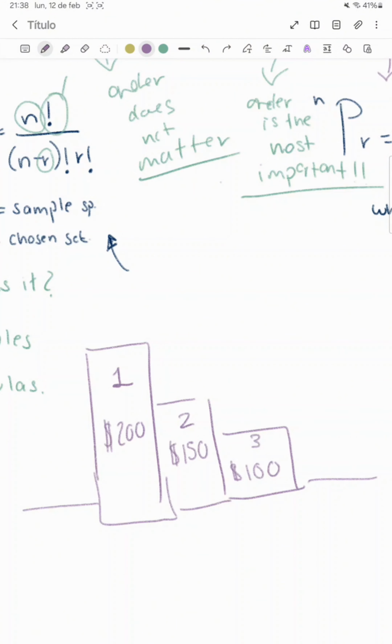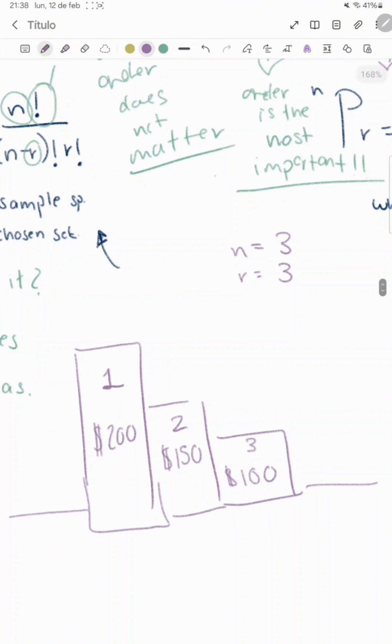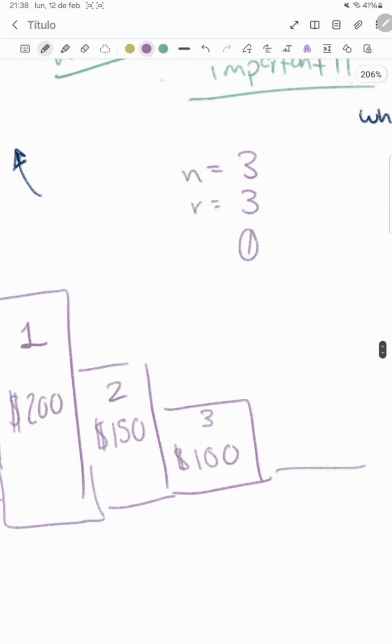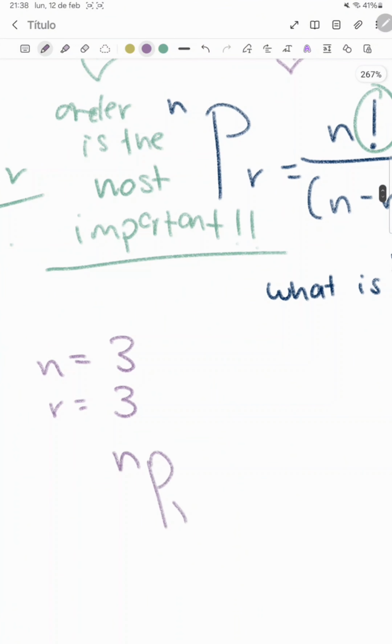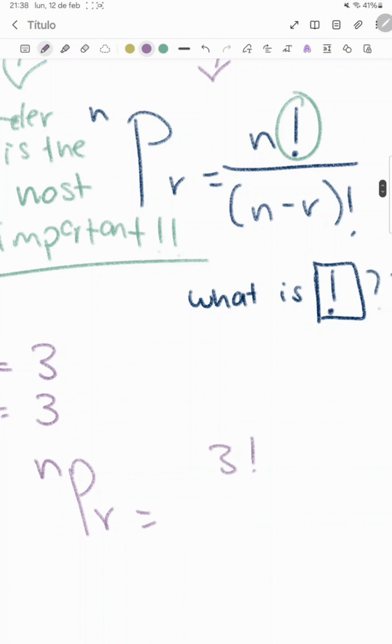So now, what is n and what is r in this? n is going to be 3, as we have our sample size of 3, and as we don't have a set marked, we're going to take r also as 3. And it is really important to know that the factorial of 0 is 1. So now we're going to solve with the formula of permutation. It will be n permutation r equals 3 factorial over (3 minus 3) factorial.